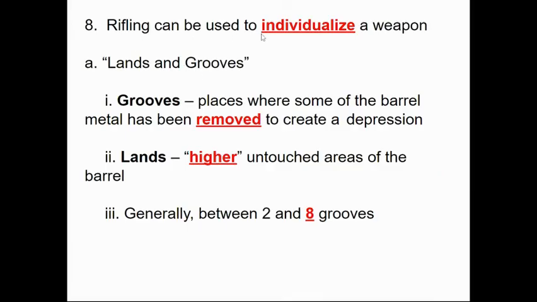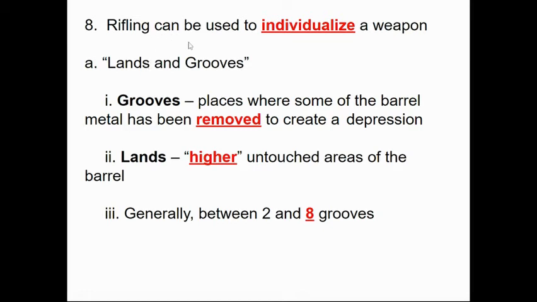So rifling can individualize a weapon. You may recover some ammunition, and that's going to tell you a class characteristic about the weapon. In other words, a big general grouping, but it's not going to tell you that this particular bullet was fired from this specific firearm. And that's really what we want to do. Rifling can make that possible.